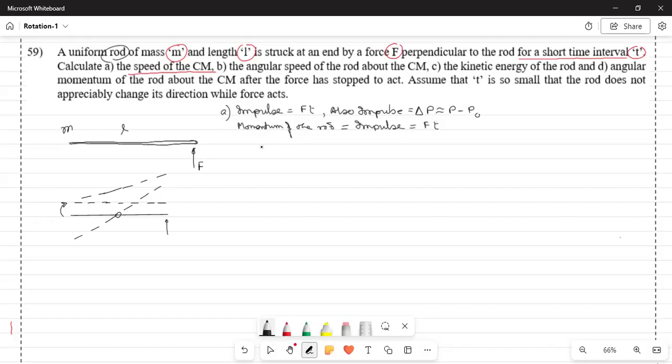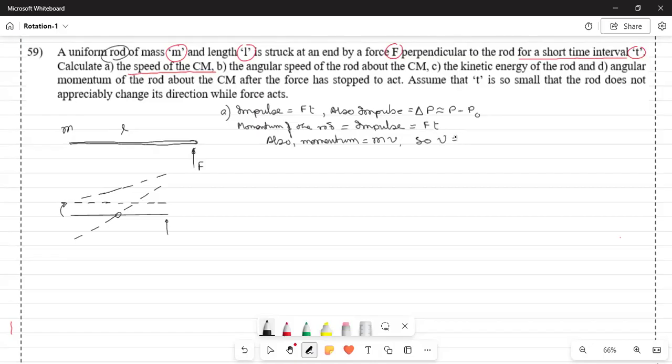And also, we know momentum P is equal to mv, that means mass into velocity. So in this case, they wanted us to find out the velocity.